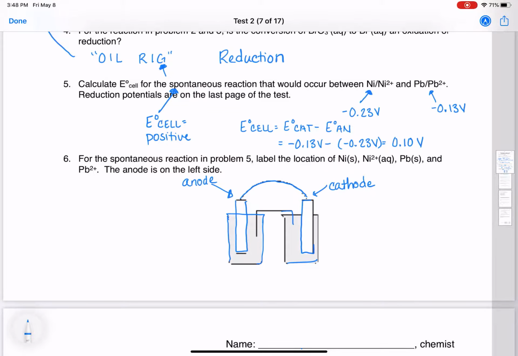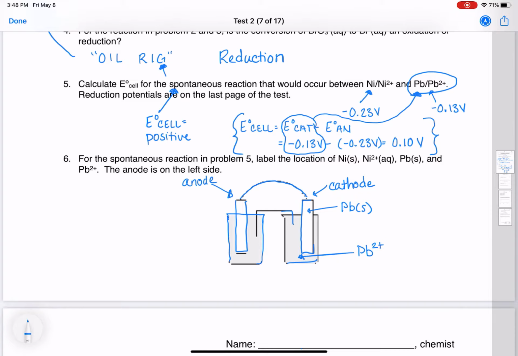Now, fortunately, the way that we worked on problem number 5 helped us figure out which is which. We figured out that the cathode needs to be the one that has the negative 0.13 volts. So that is the lead situation. That means that our electrode, our cathode, is the solid lead, and we match the electrode and the solution.